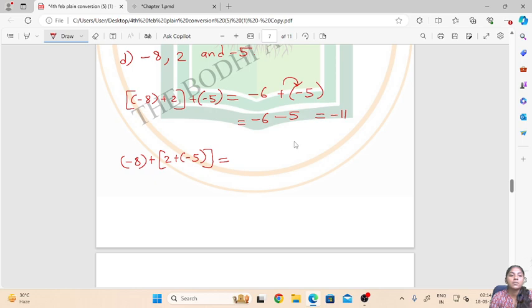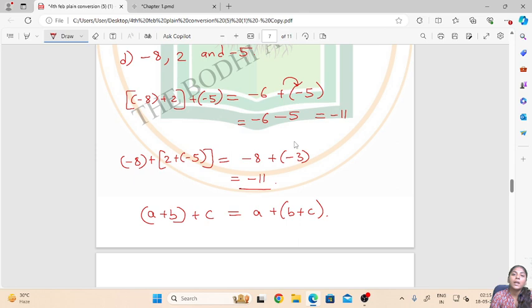Then for the next one we have minus 8 plus 2 minus 5. It will be minus 3, and then we'll get the same answer, that is minus 11. So in this case we see that (a plus b) plus c is equal to a plus (b plus c) for any 3 integers.